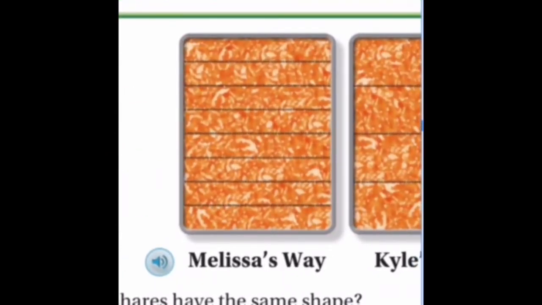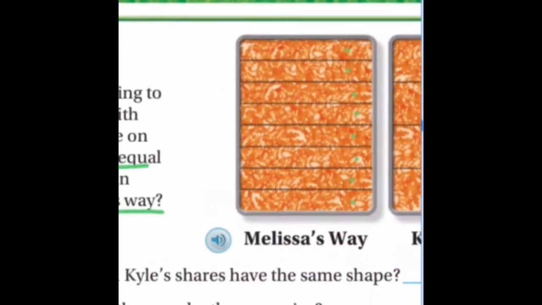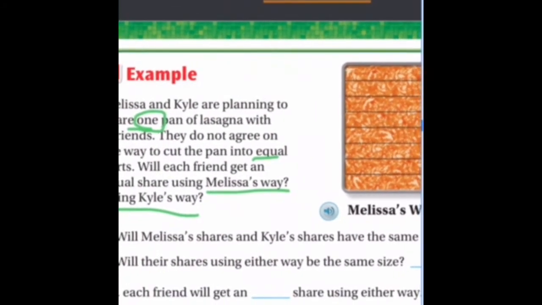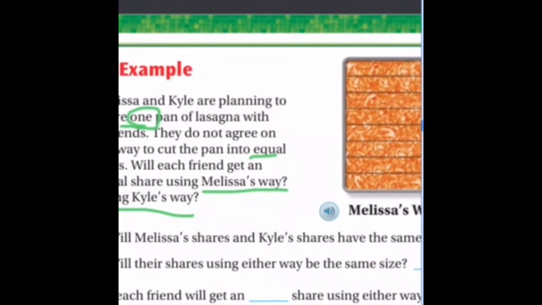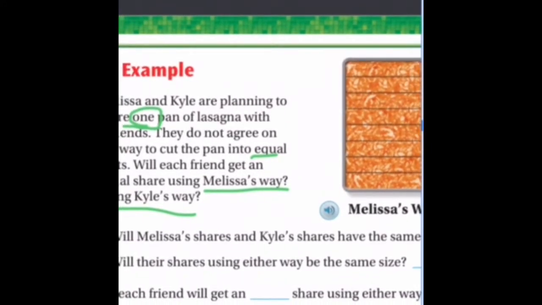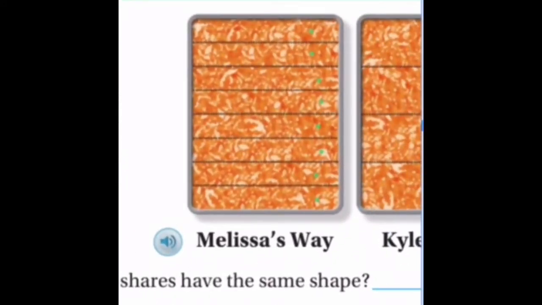All right, so we look at Melissa's way, and one thing we'll need to remember is it divided into 6 equal parts. We have 1, 2, 3, 4, 5, 6, 7, 8. Okay. But there is Kyle and Melissa too. I apologize. So they have 6 friends, plus Melissa and plus Kyle. So we should have a total of 8 and not 6. Let me count those again.